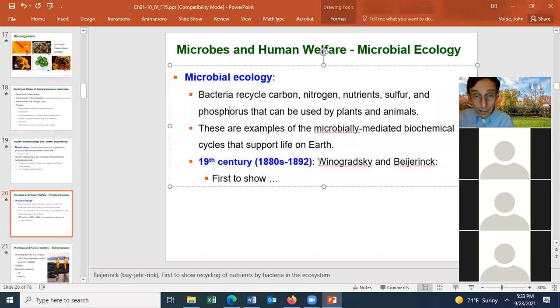Winogradsky was actually unique, and that is he was a scientist who did not study microorganisms in their pure form to study the microorganism. Winogradsky studied microbes together in a community and then looked to see what the microorganisms in their community did. And he needed to do that in order to understand the microbial mediated biochemical cycles.